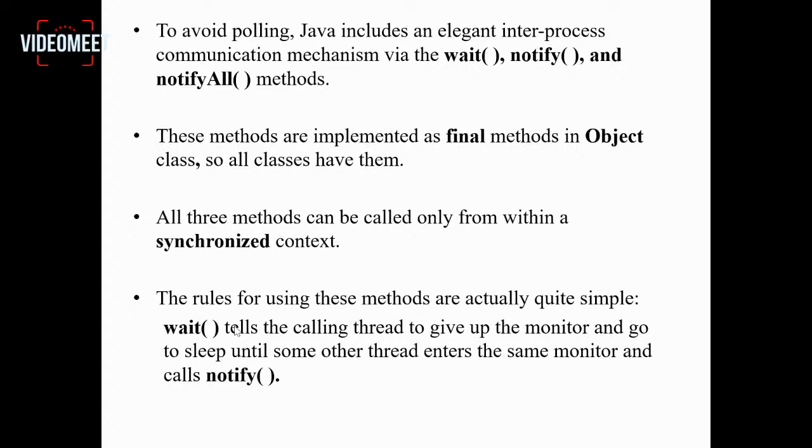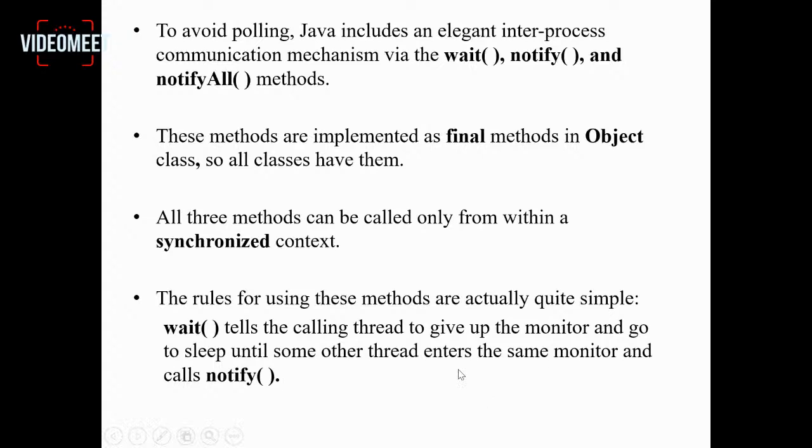Then all the other threads, whether it is a single thread or multiple threads waiting on the shared resource, will be given a notification. They need not continuously keep checking whether it has been completed or not, right? So this will give a notification to all the other threads.